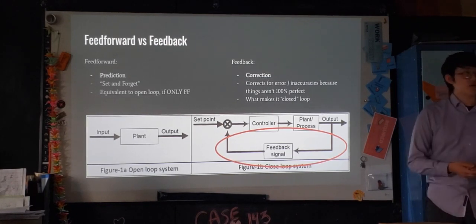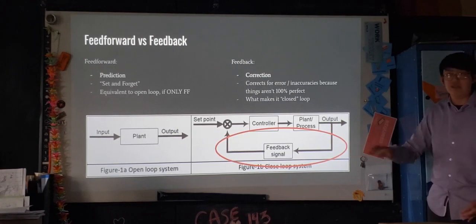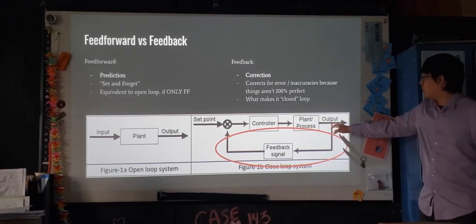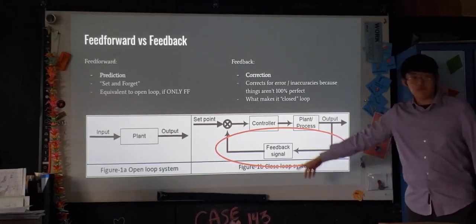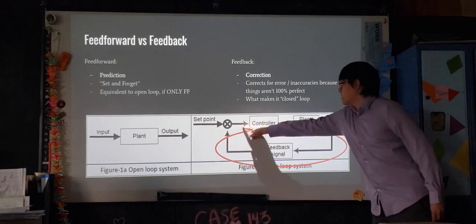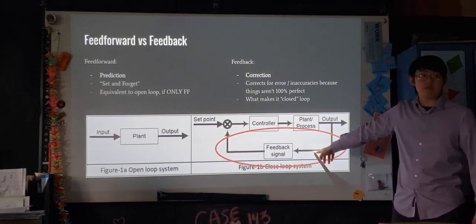But things don't always go perfectly. So feedback will correct for any error in that feed forward algorithm. And so this right here, what I highlighted, the feedback signal, this feedback signal loop is what makes it closed loop.